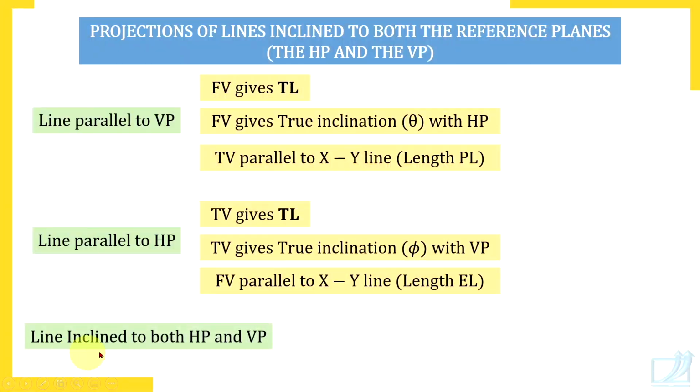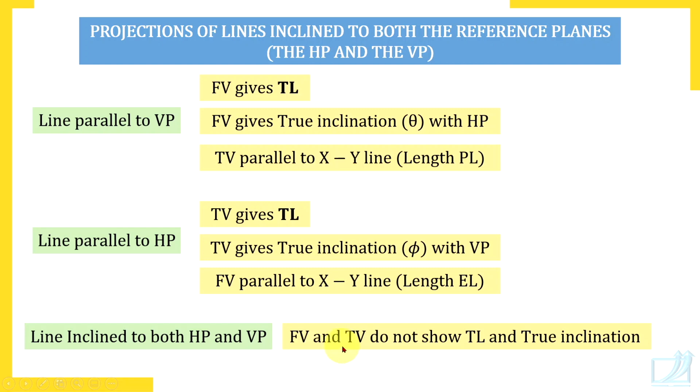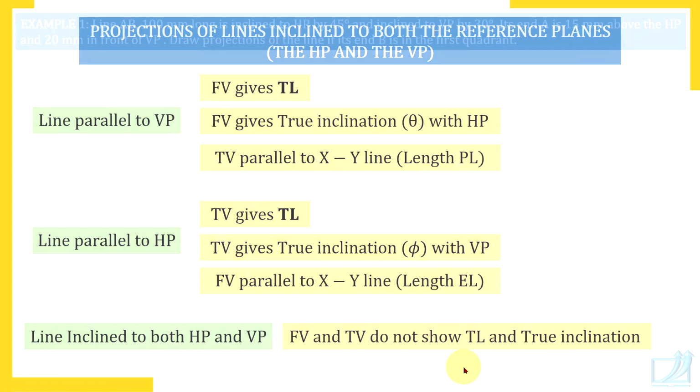And since we know that only true length gives true inclination, we are also sure that if a line is inclined to both the reference planes, then in both the views it does not give true inclination either. So, if a line is inclined to both HP and VP, then in the front view as well as in the top view it does not show true length and true inclination.